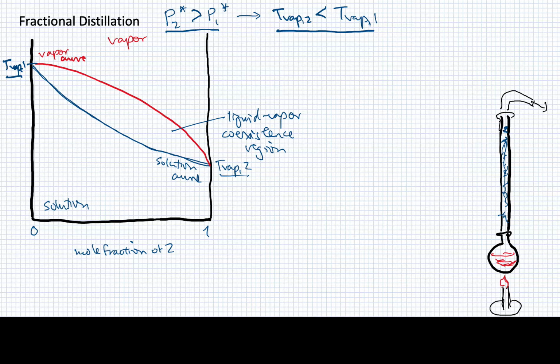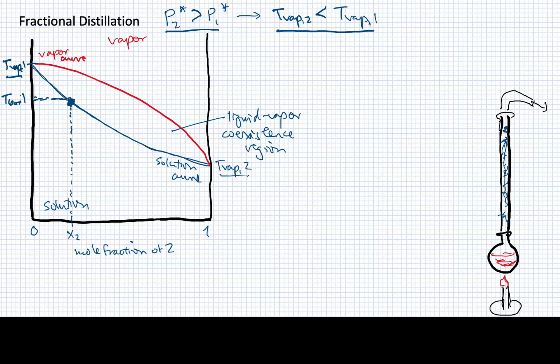Now I want you to imagine that we're starting with a mixture that, for example, might have this mole fraction for the component 2. Now as we take this mixture and we heat it up, we would eventually get to this curve here, and at this point, which I can call the boiling point for this particular solution, so I'll call that T-boil, our solution is going to begin to boil.